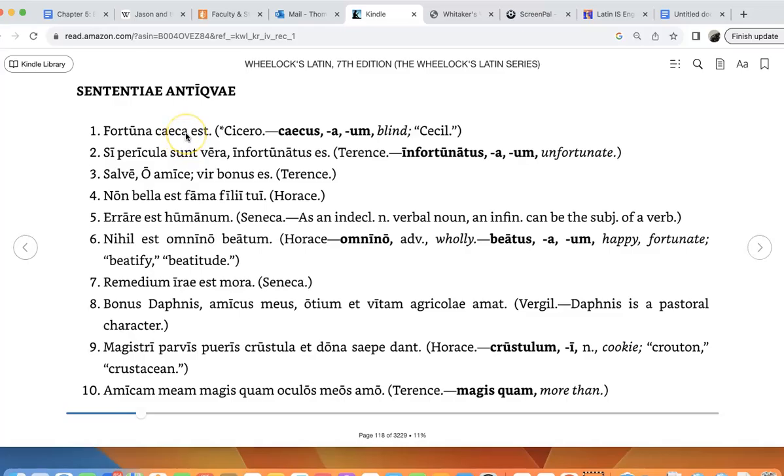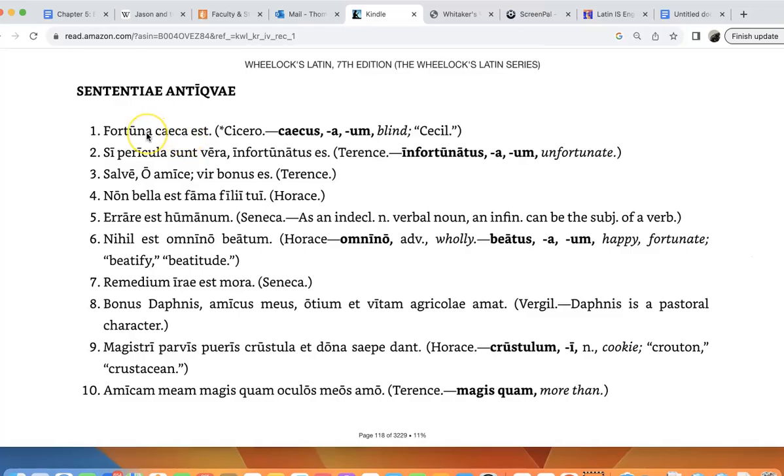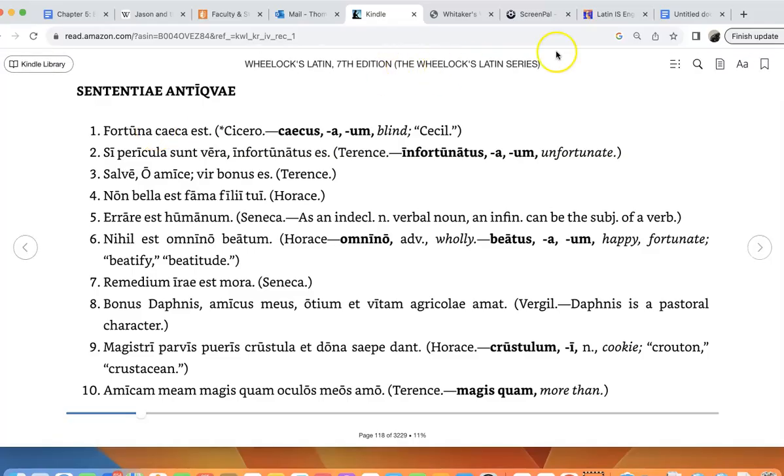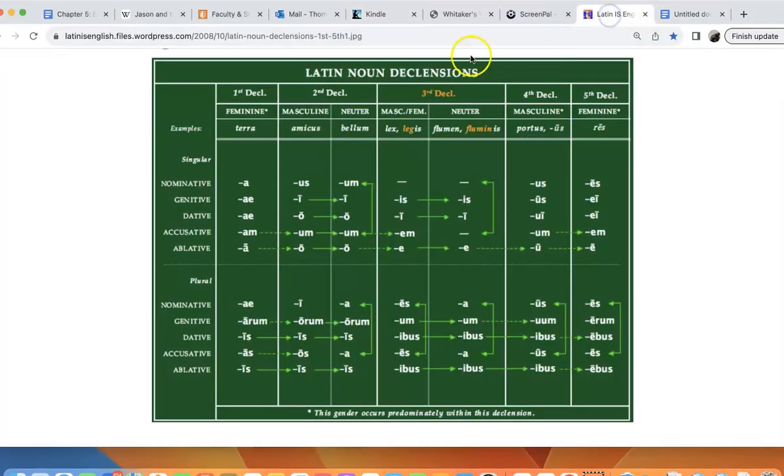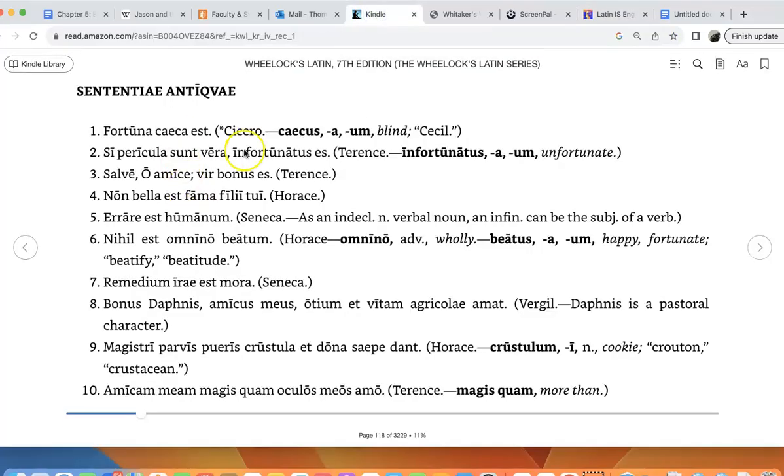One, our adjective ends in A because our noun ends in A, but also because both fortuna and blind are being used as the subject, the nominative. So fortune is blind. We don't have any other information here, so we need at least a subject. So that's always the nominative in Latin. So fortuna caeca est, and then Latin likes to put the verb at the end. And so that one is fairly straightforward.